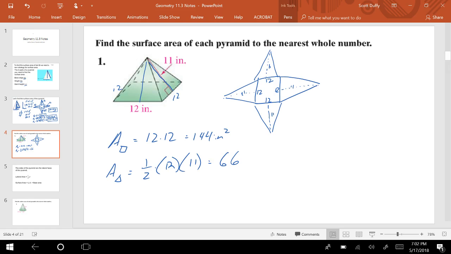But there's 4 of those, so I'm going to take 66 and multiply by the number of triangles, or the number of lateral sides. And I get, for the lateral sides, their areas are 264 square inches.